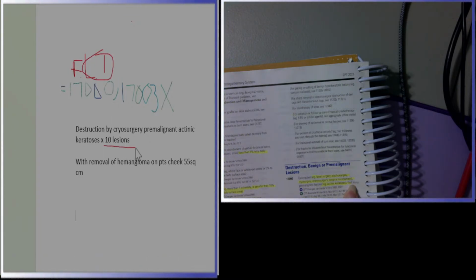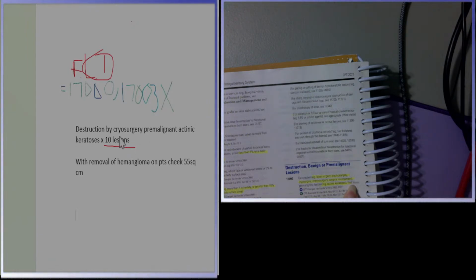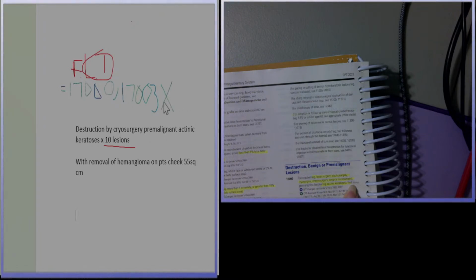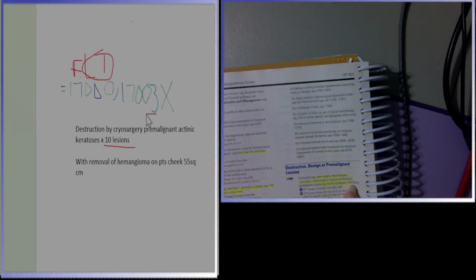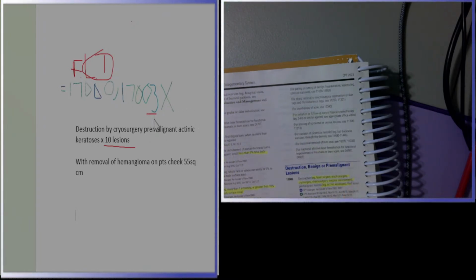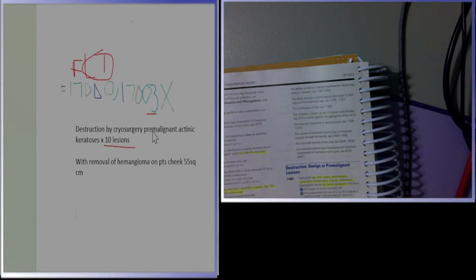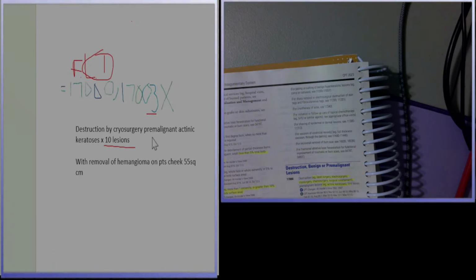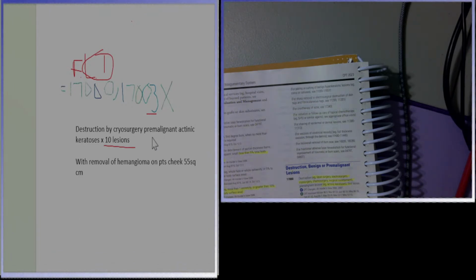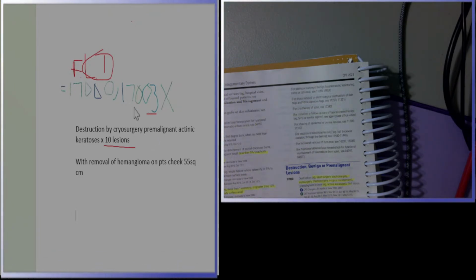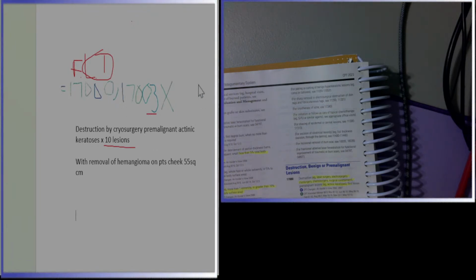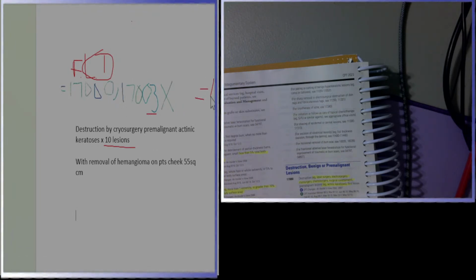You did remove 10 of them with cryotherapy, right? So we can't put times 10 on the third code, because that code does your 2nd through 14th, each. You got to know that it does each. So what plus 1 equals 10?